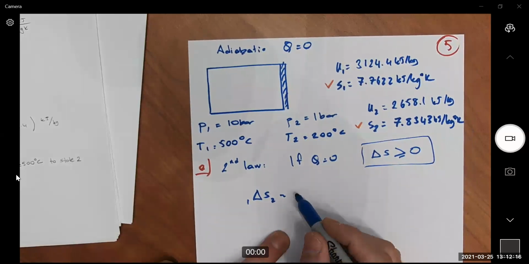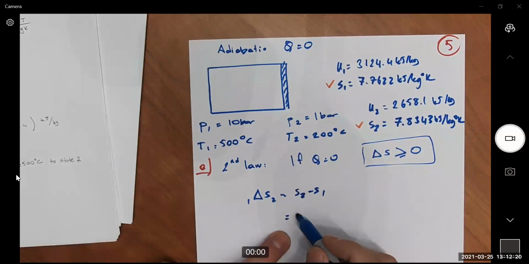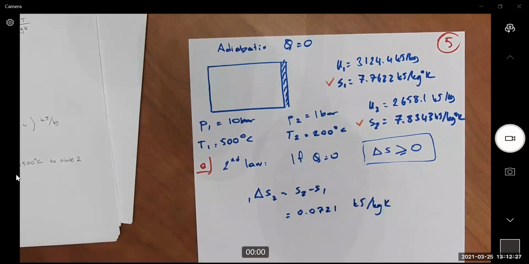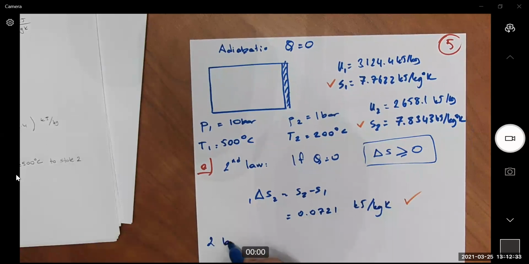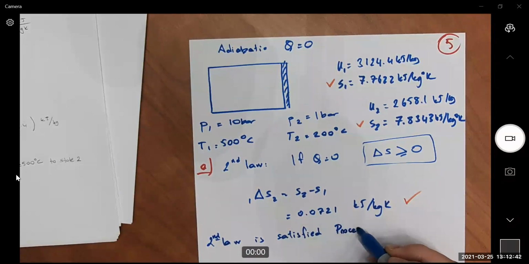So state 1 to state 2, S2 minus S1, should give you 0.0721 kilojoules per kilogram Kelvin. So, good. Second law is satisfied. And is the process reversible or irreversible?